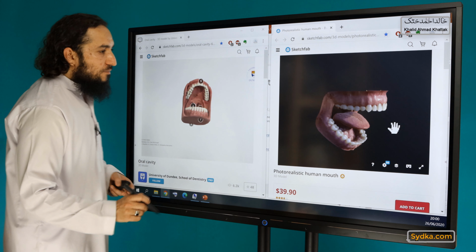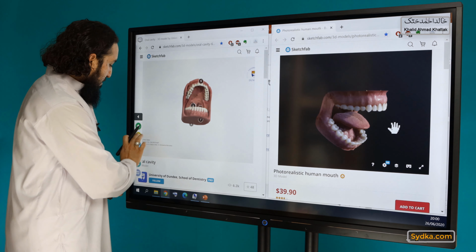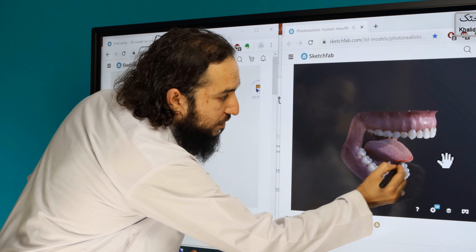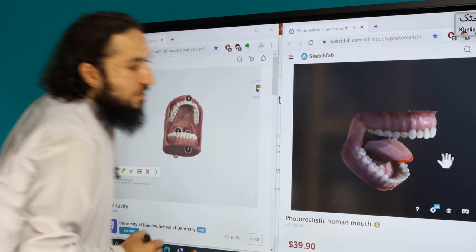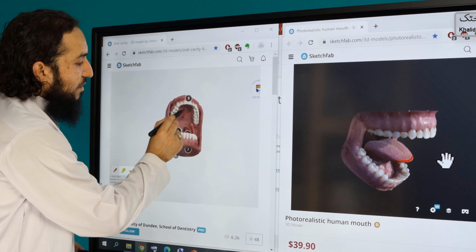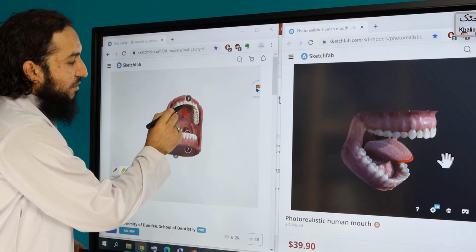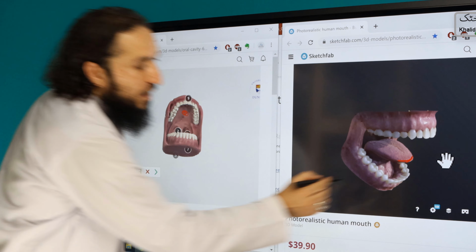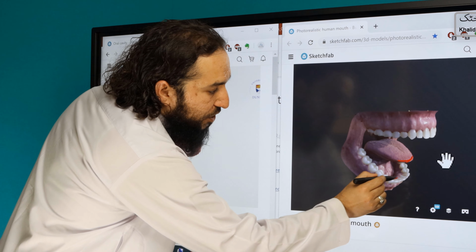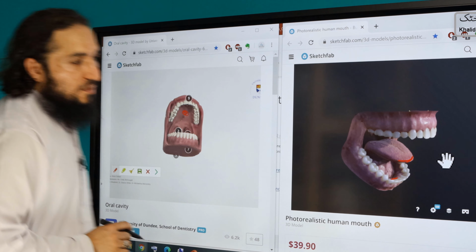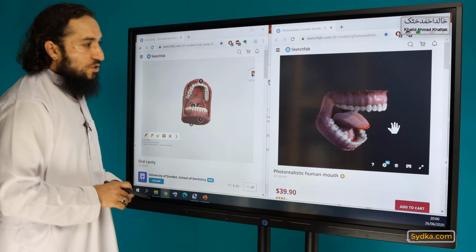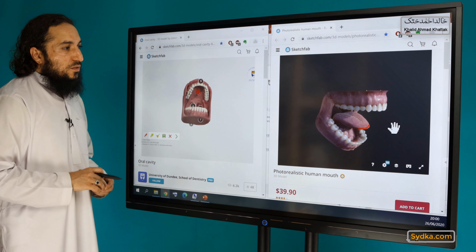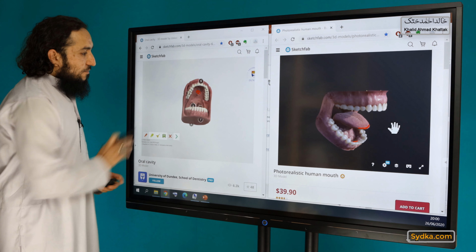So the articulation points for this are the tip of the tongue, near the inner place near the top incisors, and slightly above the lower incisors. Those three points are the articulation points when we're pronouncing the letter Sad. Sa.